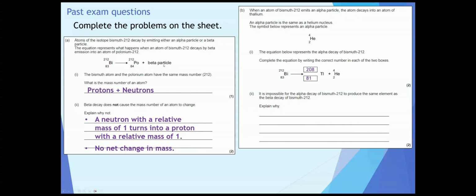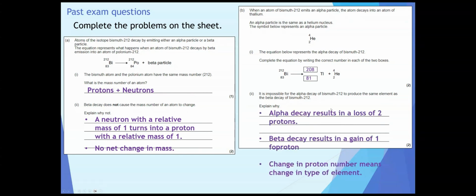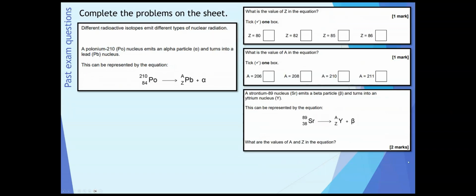And that's what happens with beta decay, the number of protons goes up. So these atomic numbers determine what the element is. So if these numbers are different, the element's different. And because alpha reduces the atomic number by 2, that's going to be 81, whereas this one goes up by 1, so it's 84. So they're going to be different elements.